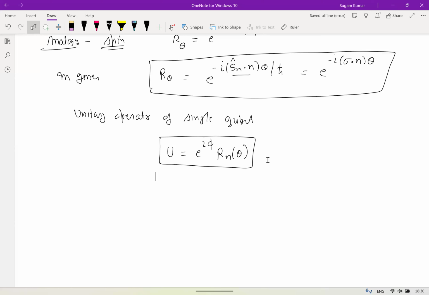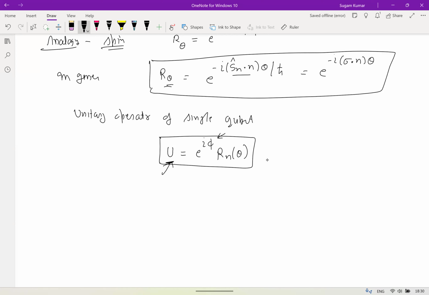Yeah. So my confusion was here, we are only changing theta, right? As per the notation, but phi can also change, no? Yes, this is only for the theta rotation. If you want to include the phi rotation, then this is the complete unitary operator.